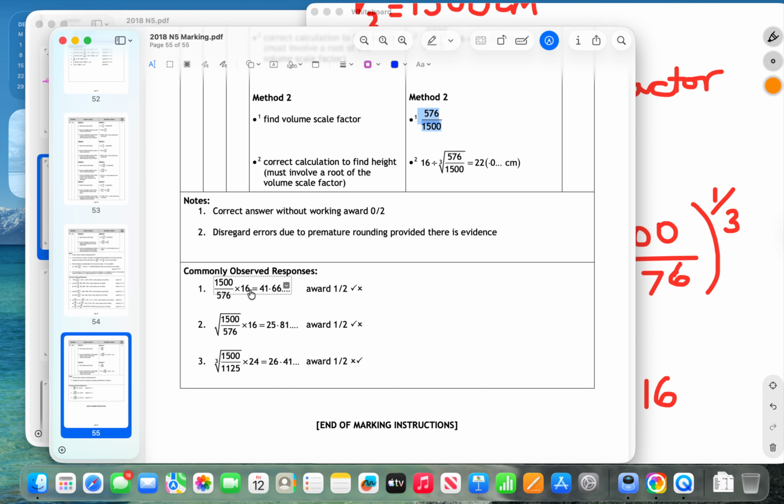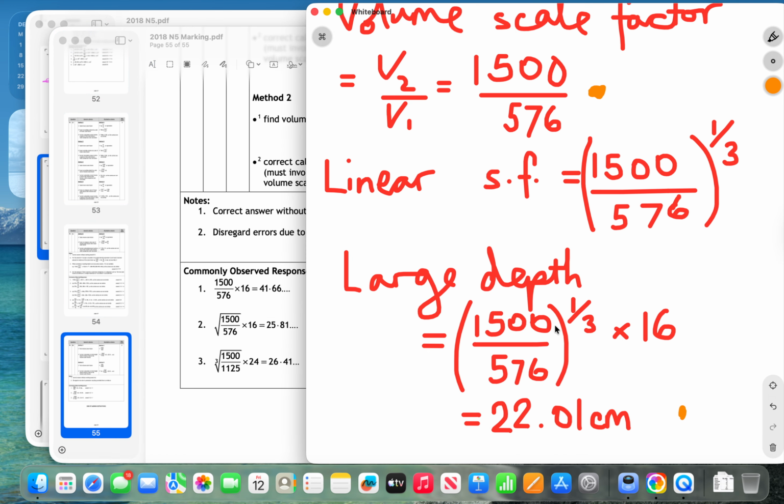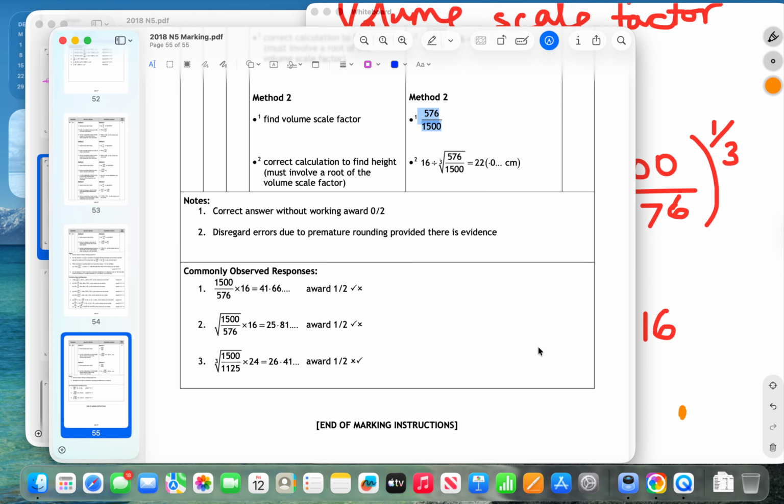Another mistake that many pupils made was forgetting that you had to take the cube root of the volume scale factor. So many just plugged in 1,500 over 576. They forgot to take the cube root of that, then multiply by 16. Other pupils mistakenly thought that it was the area scale factor.